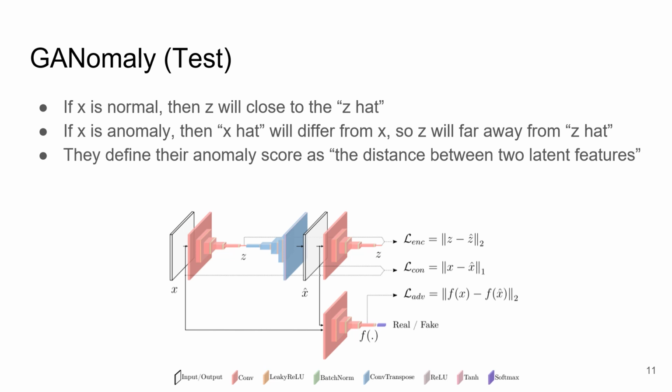Okay, so let's define the anomaly score as the distance between Z and Z hat, two latent features. Because the distance in input space is easily affected by small noise, it is usually more robust to compare the features in latent space.